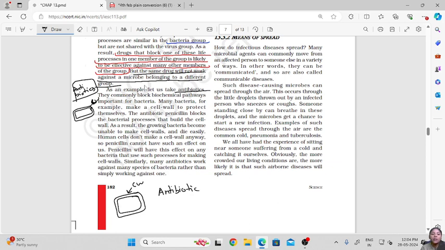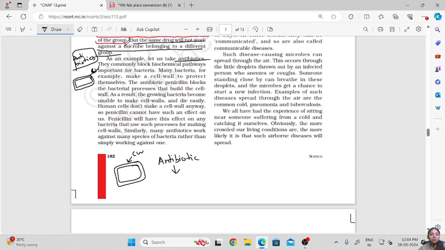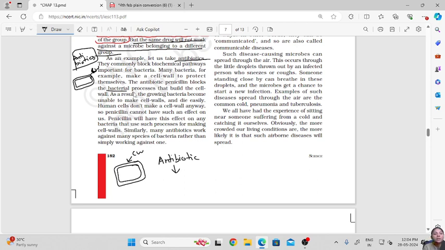This antibiotic will block the bacterial process that builds the cell wall. If this process is blocked, what will happen? The bacteria will not be able to build the cell wall. So no cell wall will be formed, and that is why the bacteria could be easily killed.